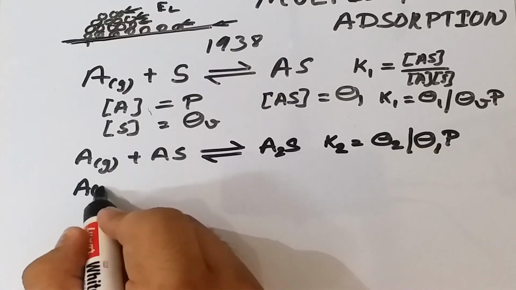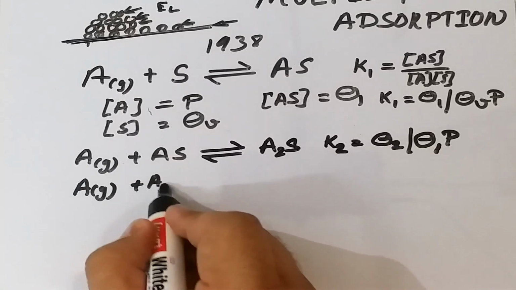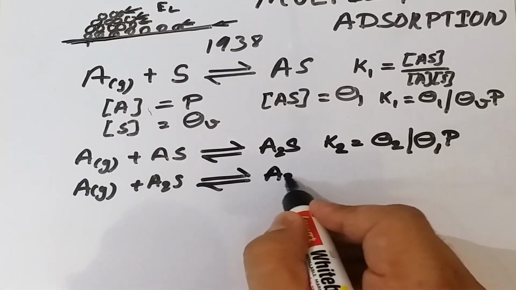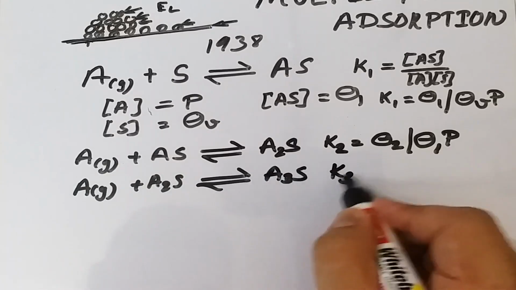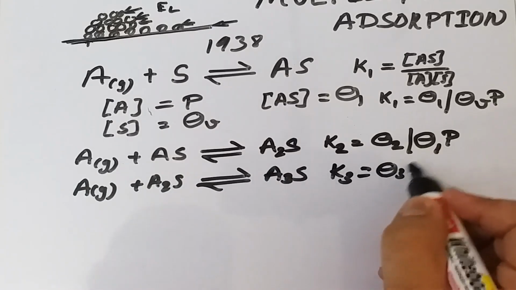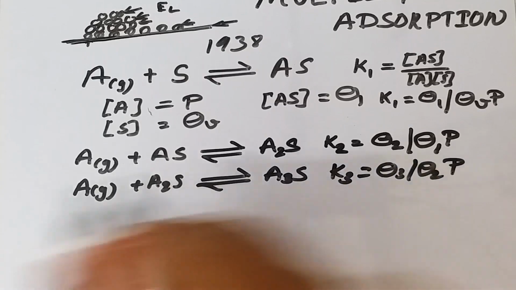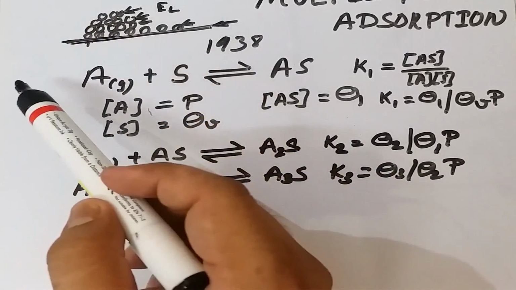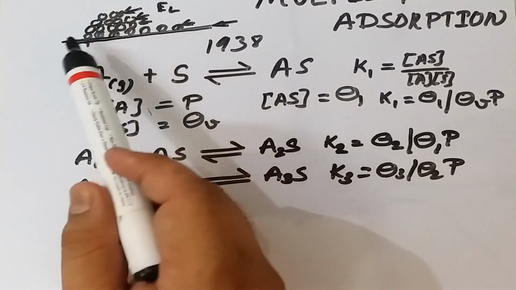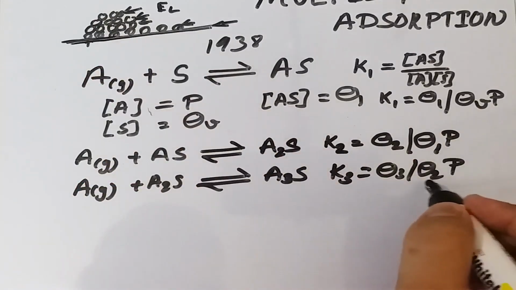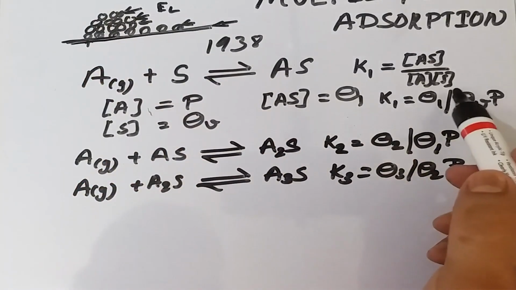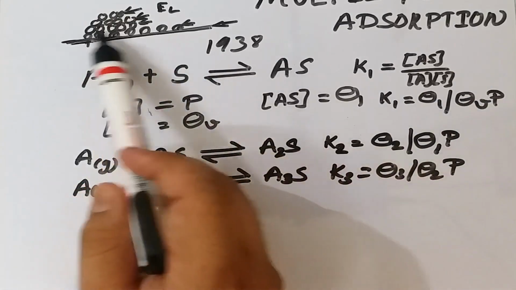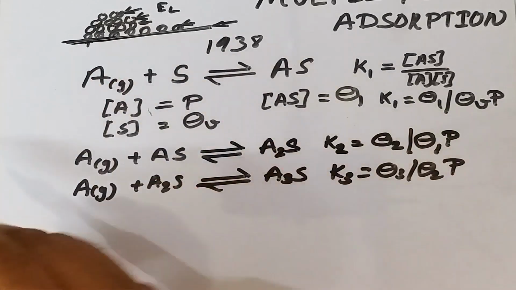Similarly, I will have gas plus A2S, then I can write A3S, and similarly K3 will be theta 3 upon theta 2 into P. Okay, because each layer is sitting on the successive layers, the total area will be equal to the area covered by the successive layers.